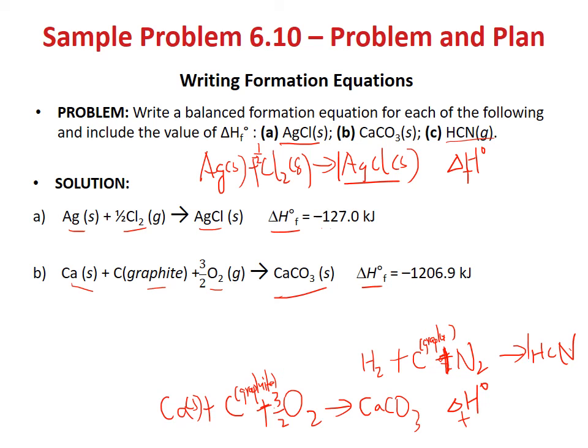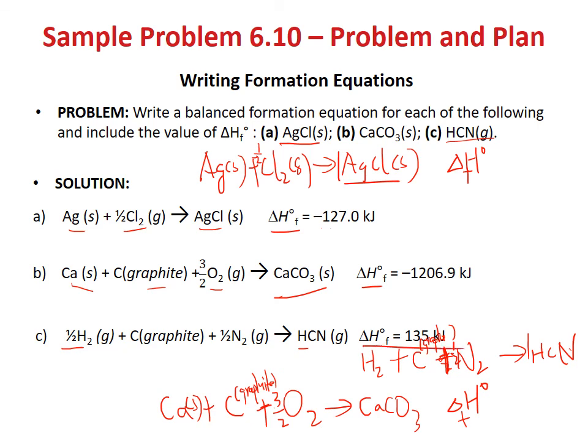So nitrogen needs to multiply by half, and hydrogen also needs to multiply by half. Here is the balanced equation, because product is 1, and then the value can be found from the textbook.